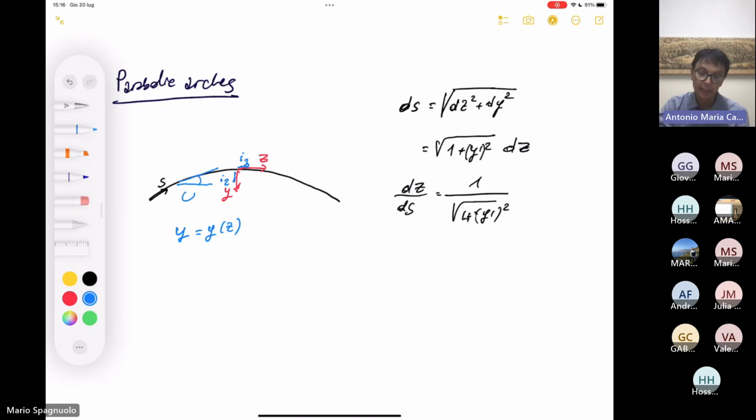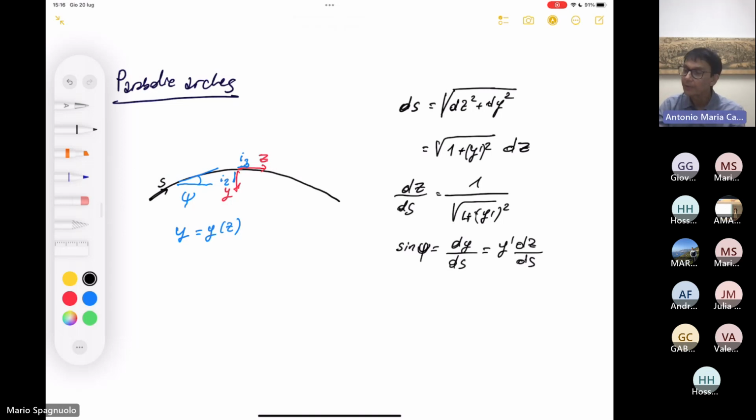So if we call this angle psi, what we can see easily is that sine of psi is equal to dy over ds. And dy over ds can be computed simply as y prime times dz over ds. This is sine of psi.